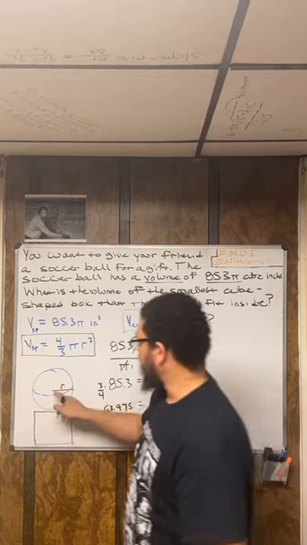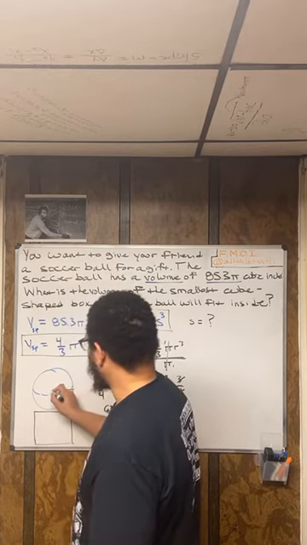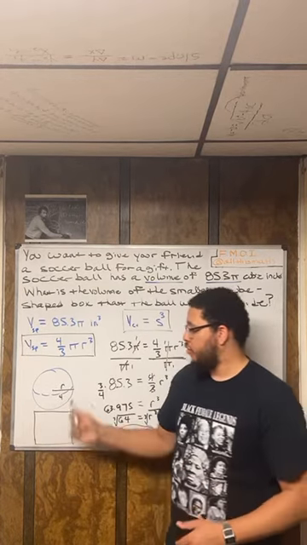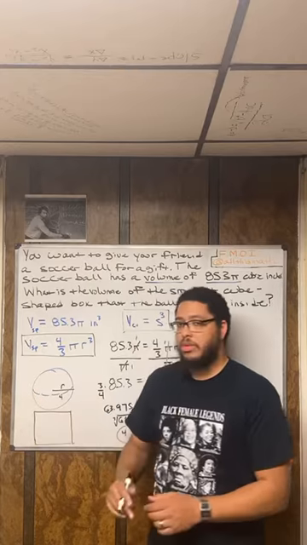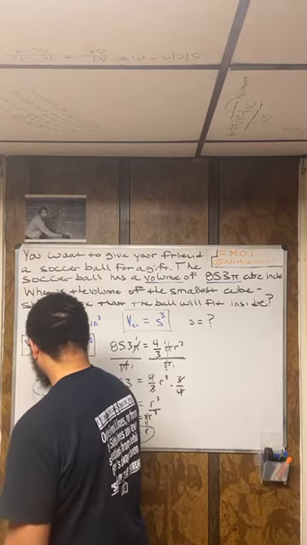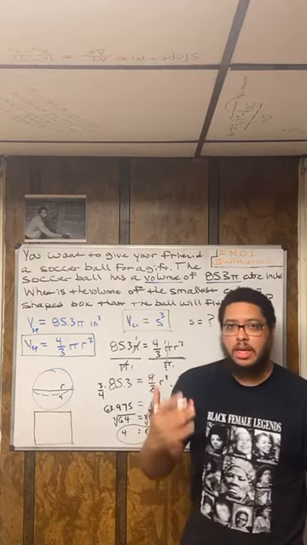I know that the radius of this soccer ball from the center to the edge is 4. But I need to know how long is it from the edge to the other edge through the center, right? So that means that all the way across has got to be 8.